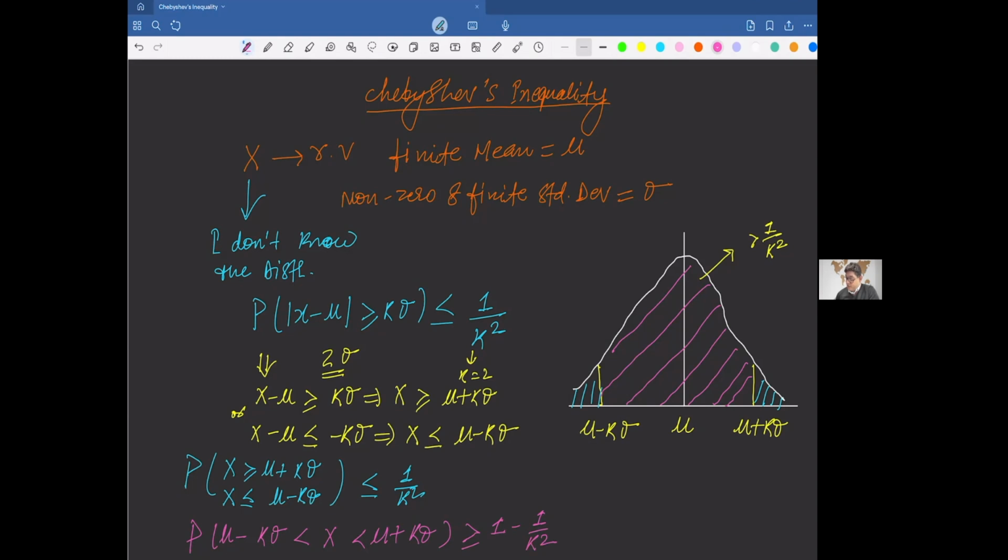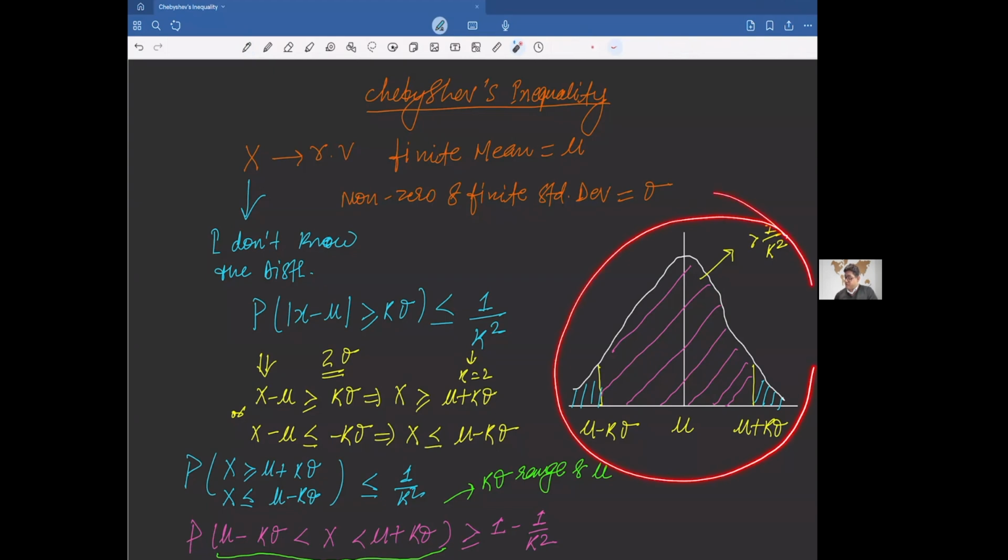You can observe that this thing is in the k sigma range and mu. This simply means that if you observe this Gaussian distribution, you can see mu minus k sigma.